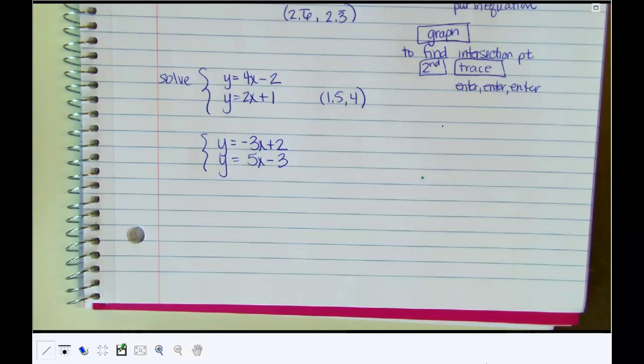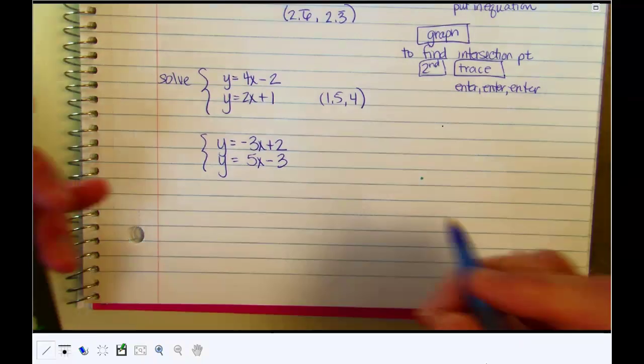Yeah, okay, we got it right. So what do I do after? Second trace. That turns. What do you do? What one do you want? This is intersect, right? And then enter.